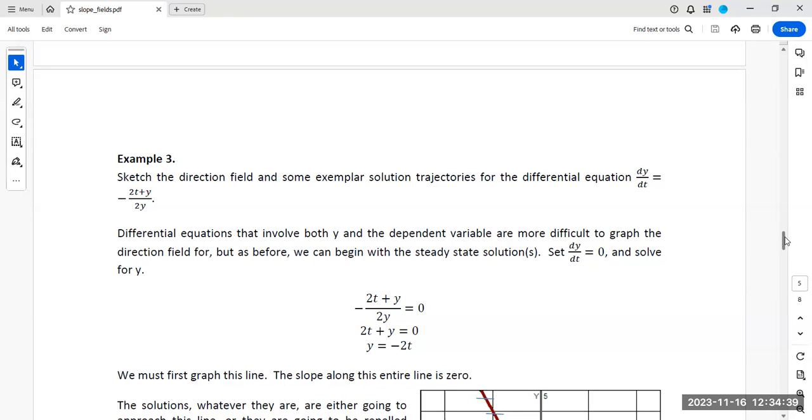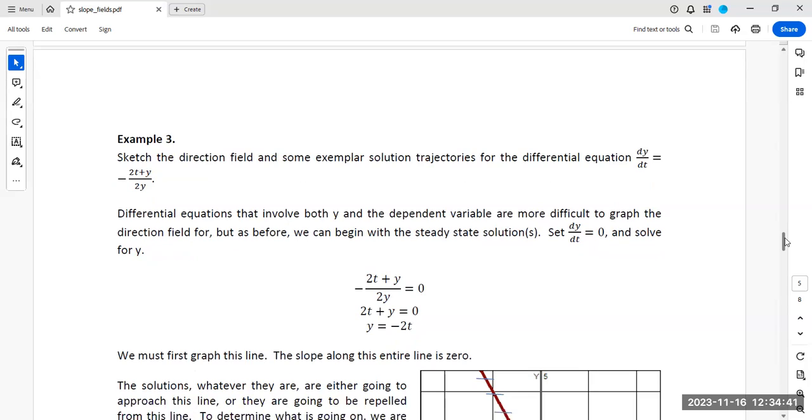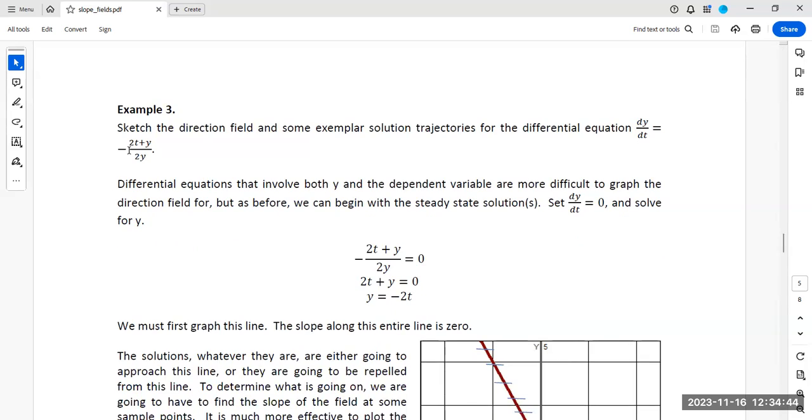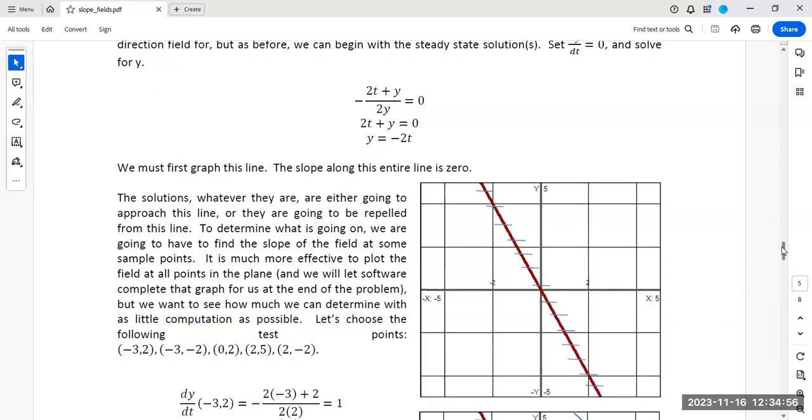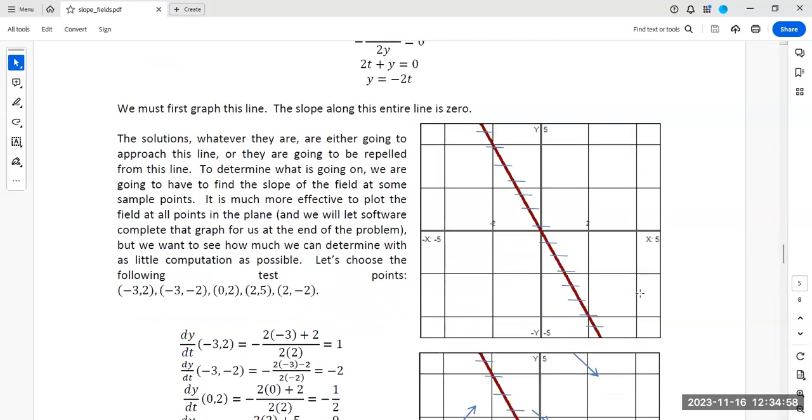Now, in this case, again, rather than plotting every point, if I set my derivative equal to 0, since this is my differential equation, what I'm going to get is a line of horizontal tangents when y is equal to -2t. So t is on my horizontal axis, y is on my vertical axis.